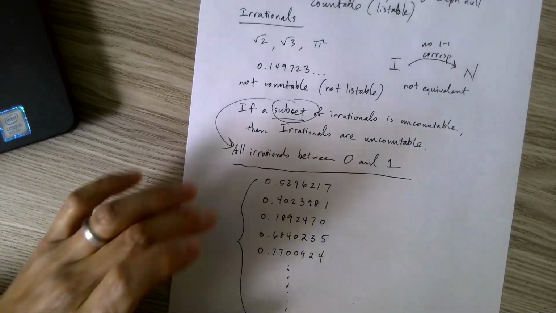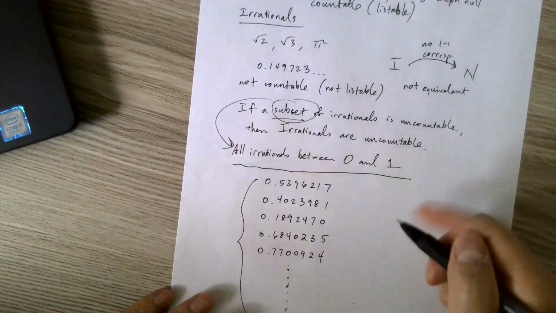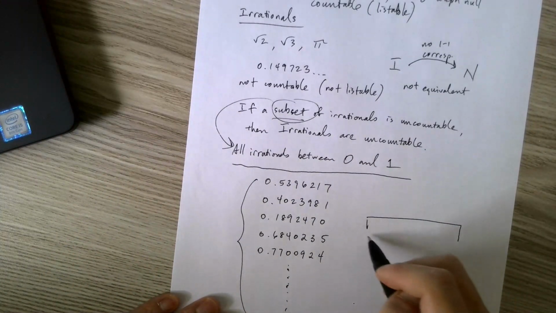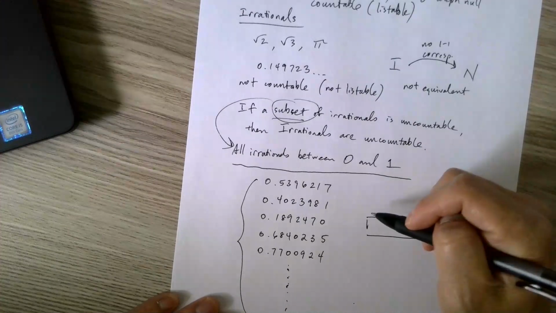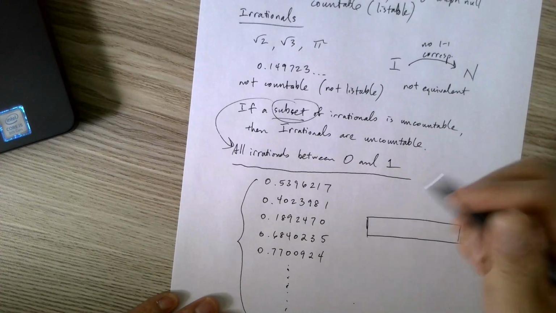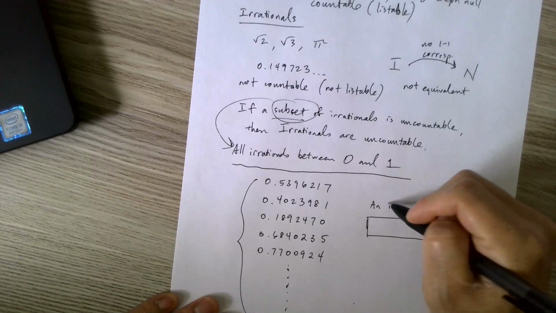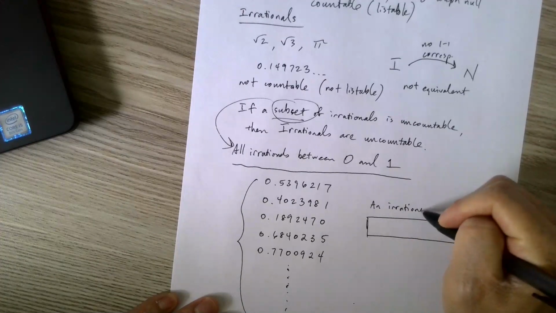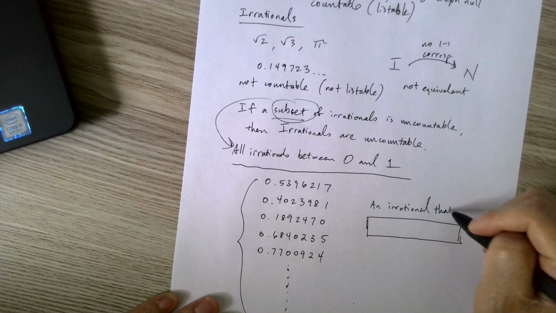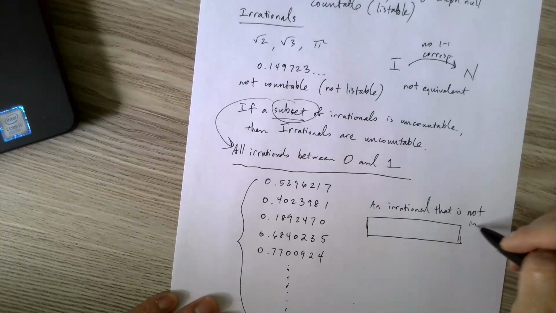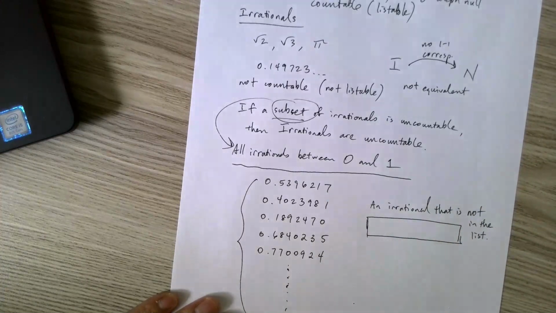Now I'm going to write over here in this box, I'm going to create an irrational that is not in the list that you see on the left here.